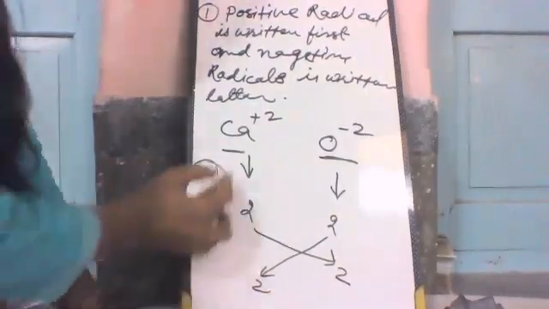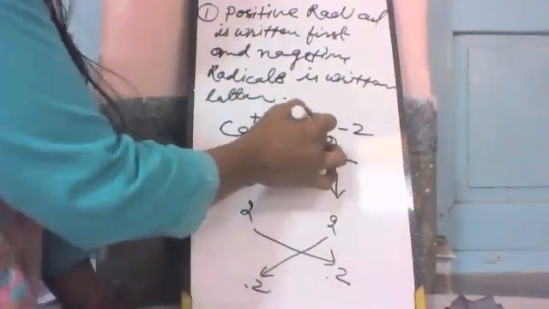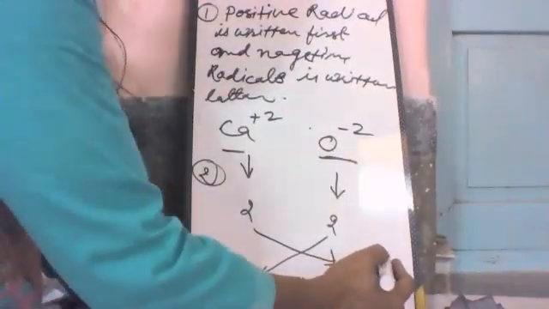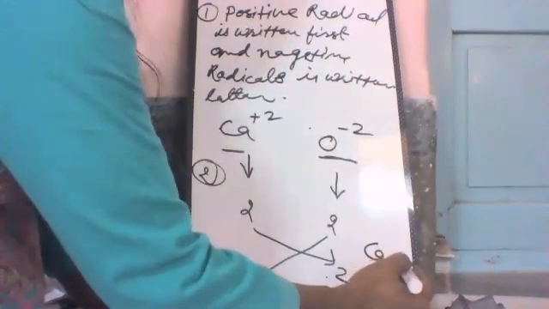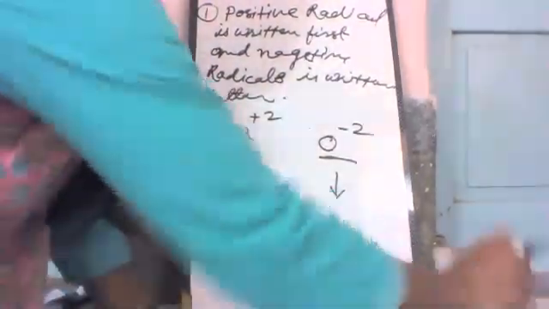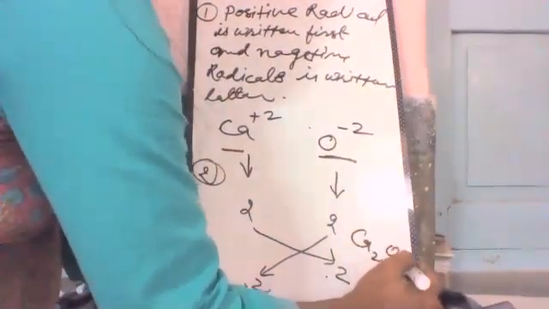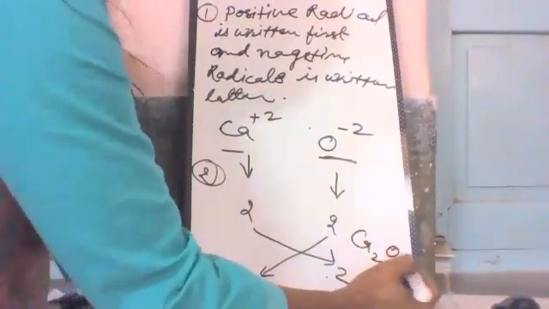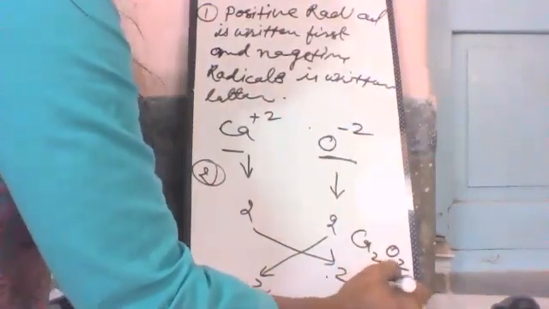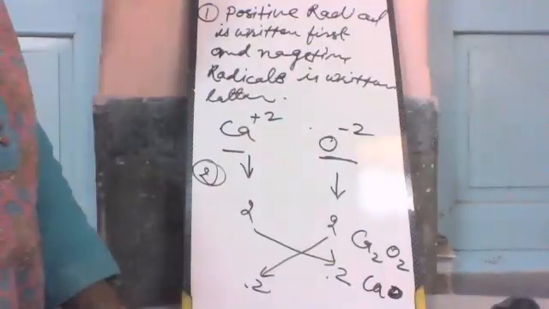Then this 2 is written with calcium and this 2 with oxide, and the formula is CaO, because Ca2 O2, these 2 and 2 cancel each other and it becomes CaO if they have the same valency.